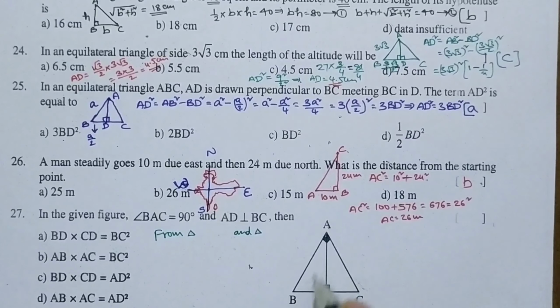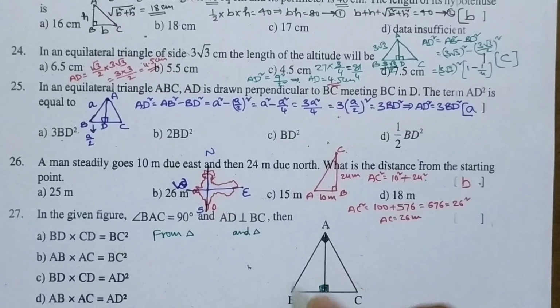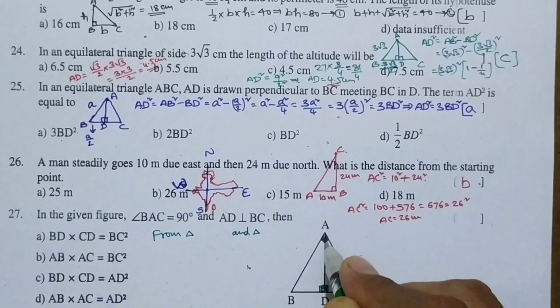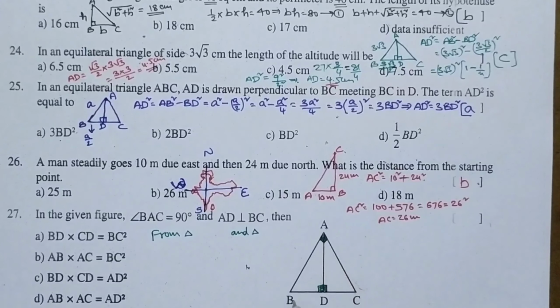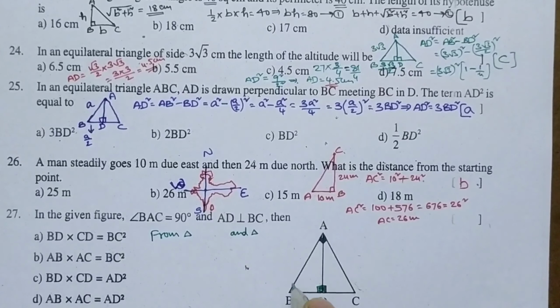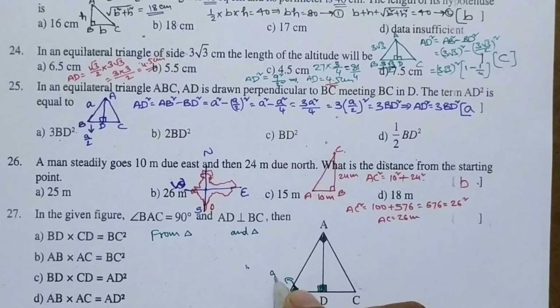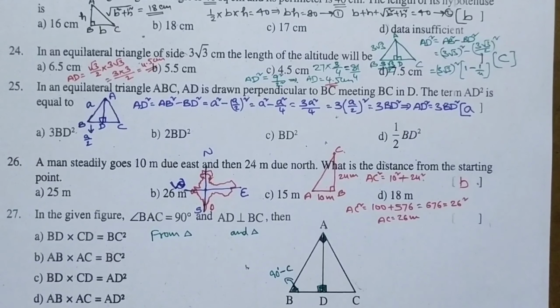ABD and ACD. If we take the bigger triangle BAC, then this complete angle is 90. That means B plus C is 90, in which angle B is 90 minus C. This is 90 degrees minus C, because here B plus C is 90.